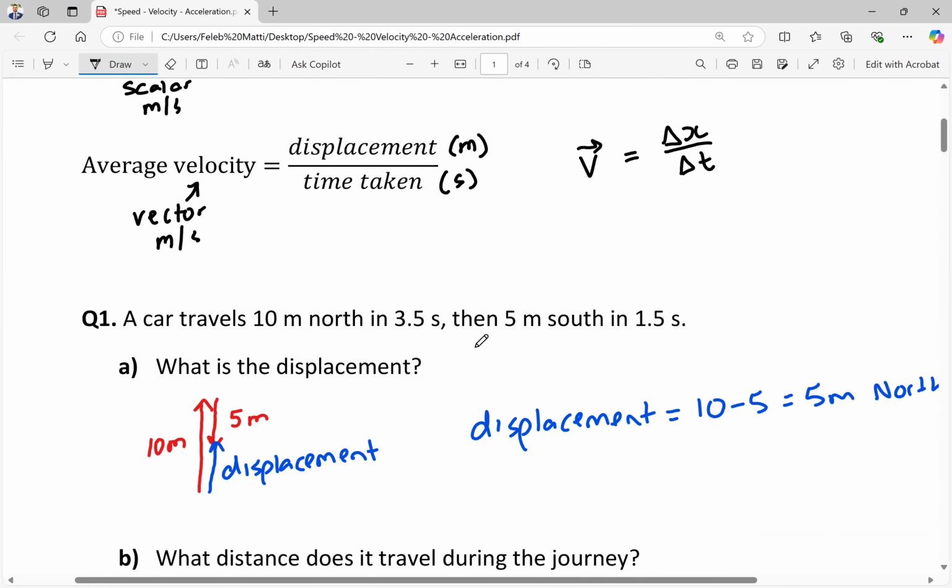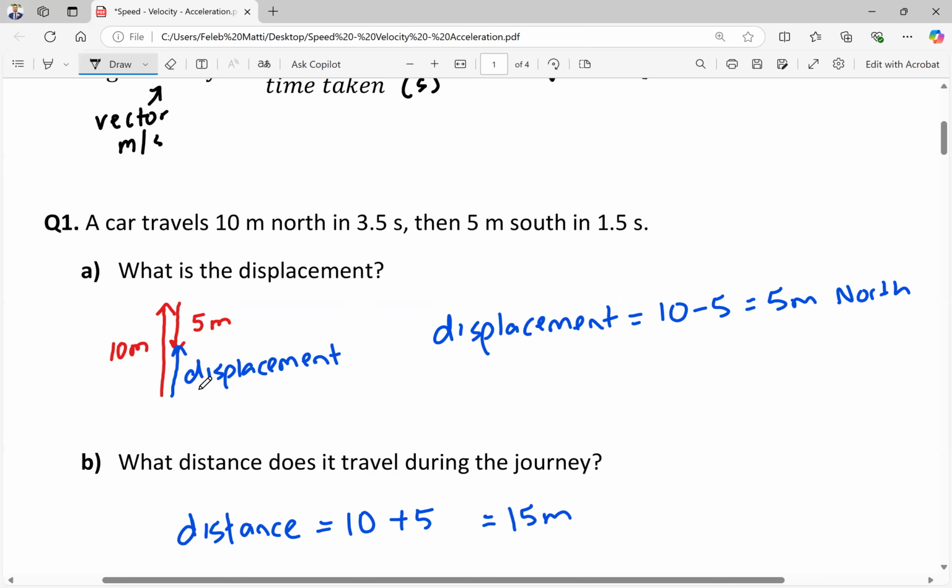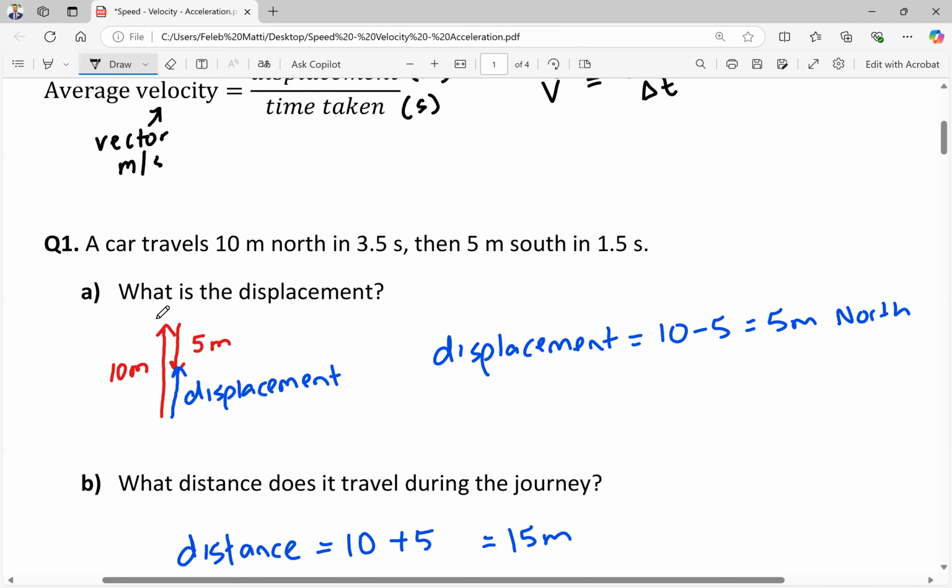So here we have a question. A car travels 10 meters north. As we can see here, the car travels 10 meters north. So this is the starting point. You are moving upwards 10 meters in 3.5 seconds, then 5 meters south in 1.5 seconds. What is the displacement?